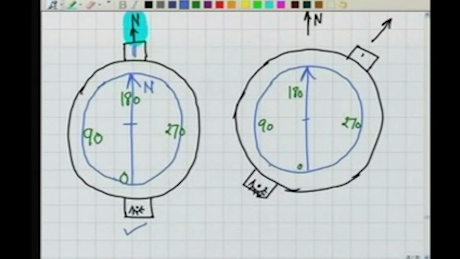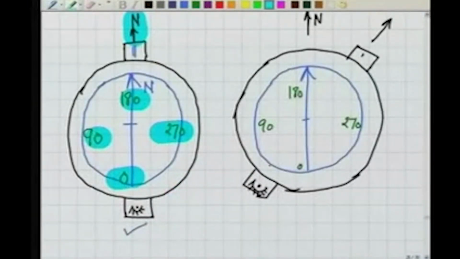Now as you see, this blue circle is the graduated circle which is attached to the magnetic needle. The graduations start from 0 over here, then 90, 180, 270. Now why they start this way? We will see it in a moment.